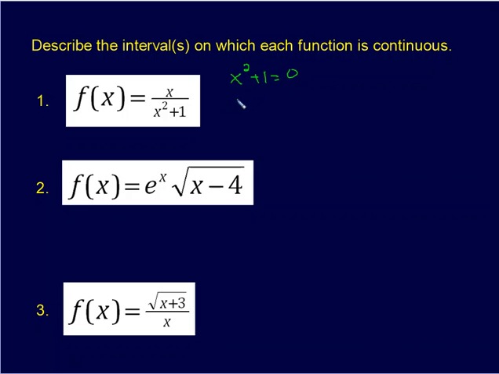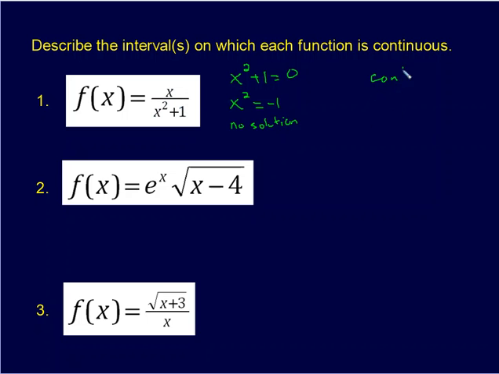But I do a little careful looking, and it would imply that x squared equals -1, and assuming we're not going to go into the imaginary numbers or anything, this has no solution here. And if that has no solution, that implies that this expression is never going to be undefined, and that means the domain of this function is all real numbers, which means it is also continuous for all real numbers.